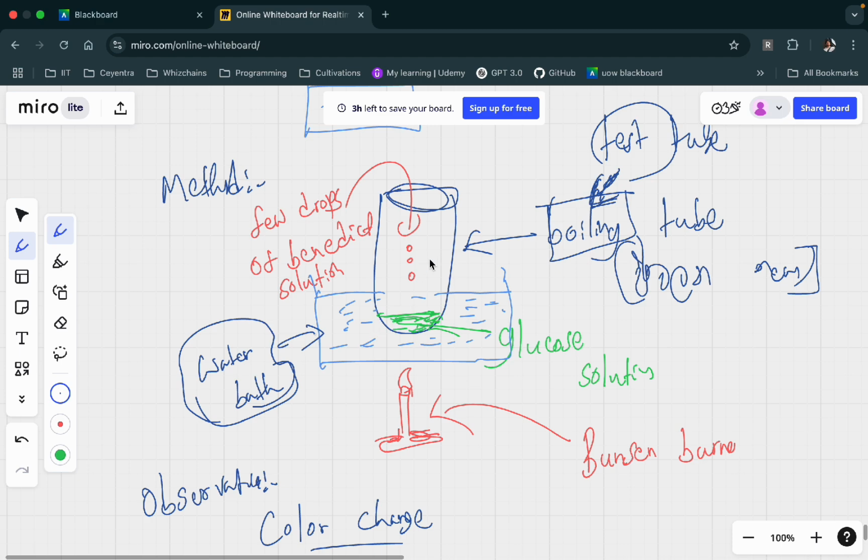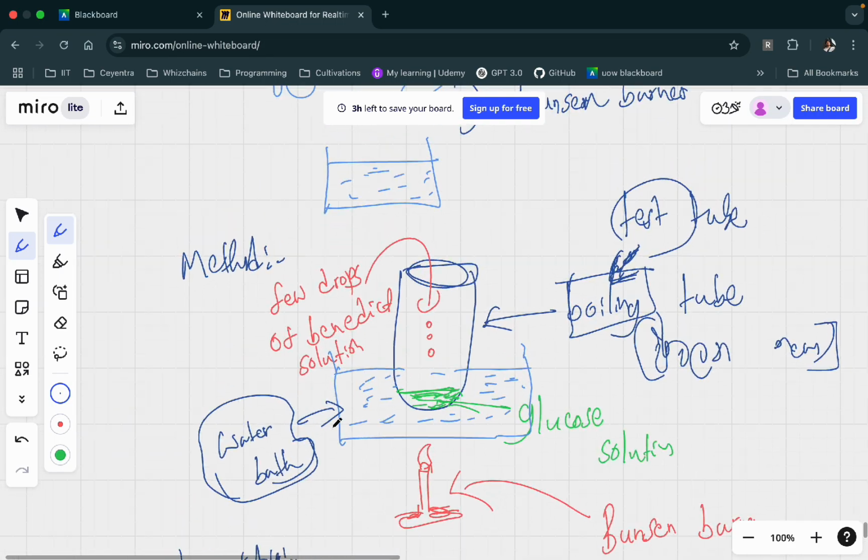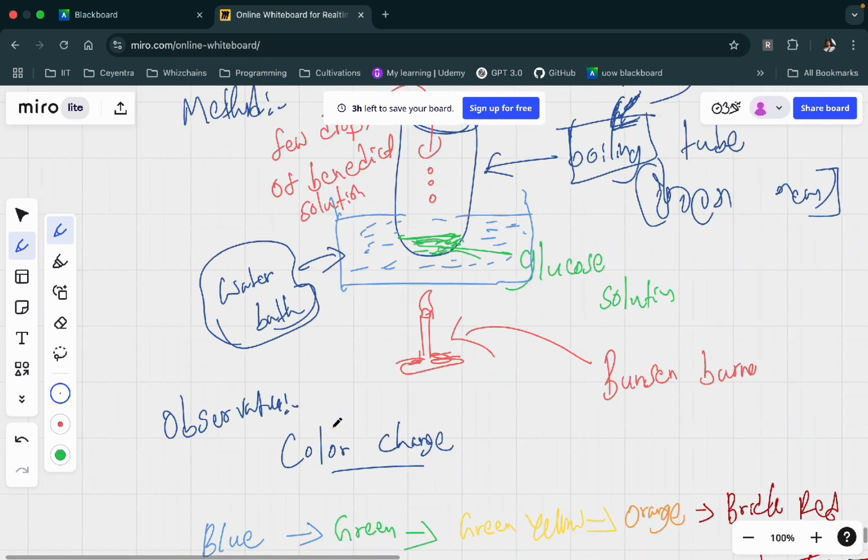Without using the water bath, we can do this, no? What's the importance of this water bath? So you guys can put your answer in comments, okay? Then I will see if it is correct or not, and I will provide the correct answer later. Okay, try to do it.